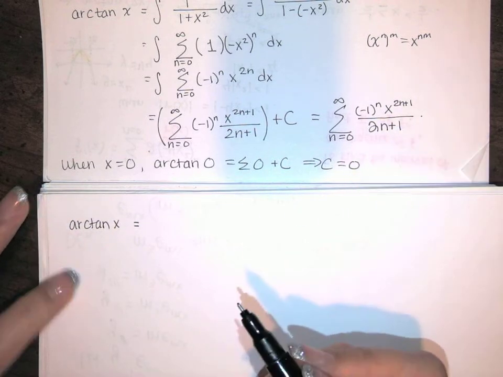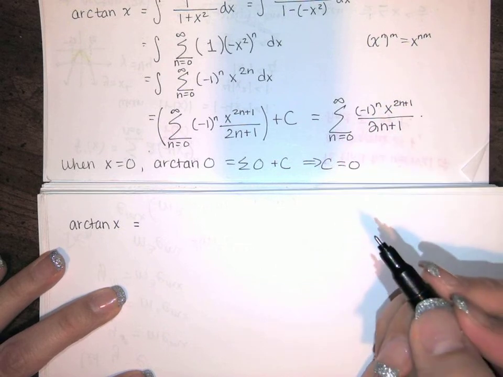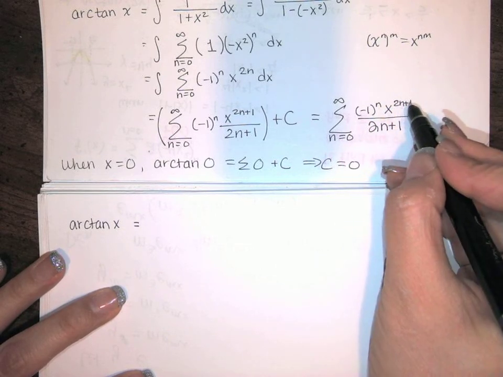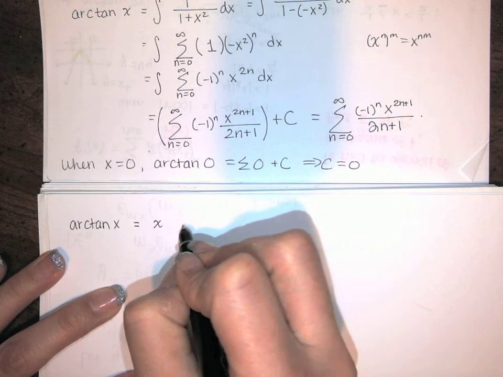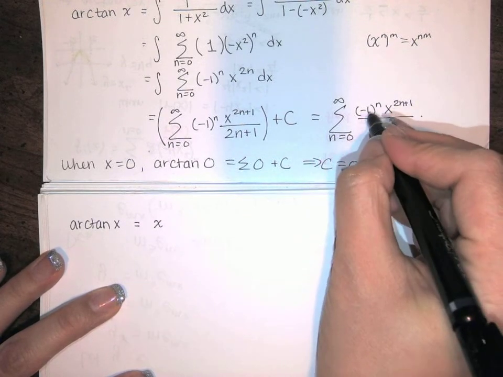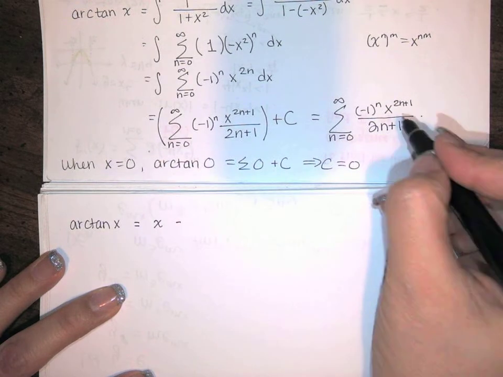So arctangent of x can be rewritten this way. If I expand the series, when n equals 0, -1 to the 0 is 1. That's x to the 0 plus 1, so x over 1. So we just get an x. And then when n equals 1, we get a minus because that's an alternating factor.